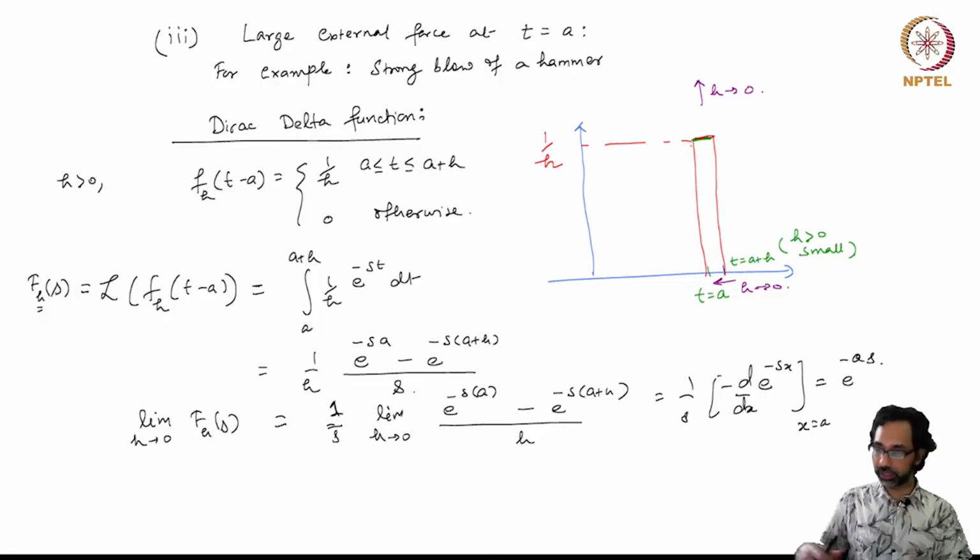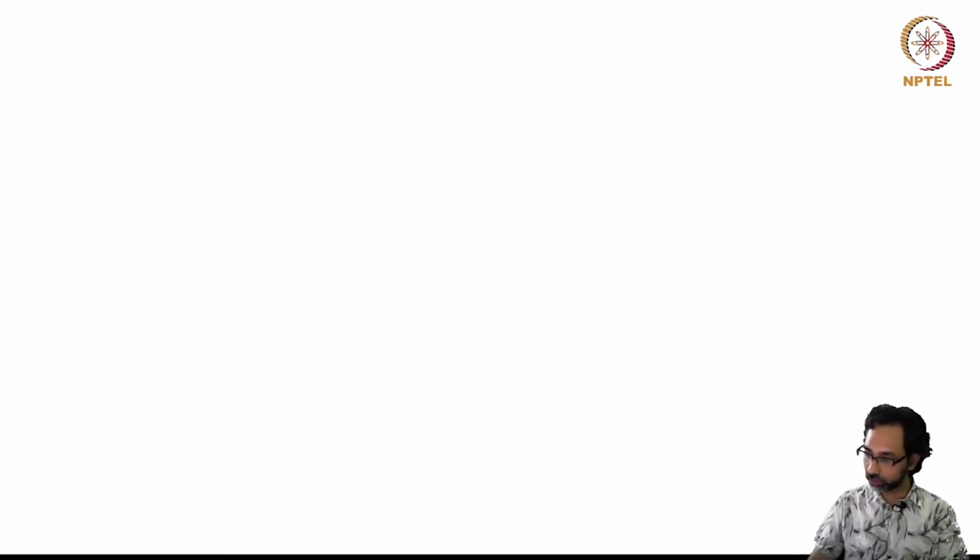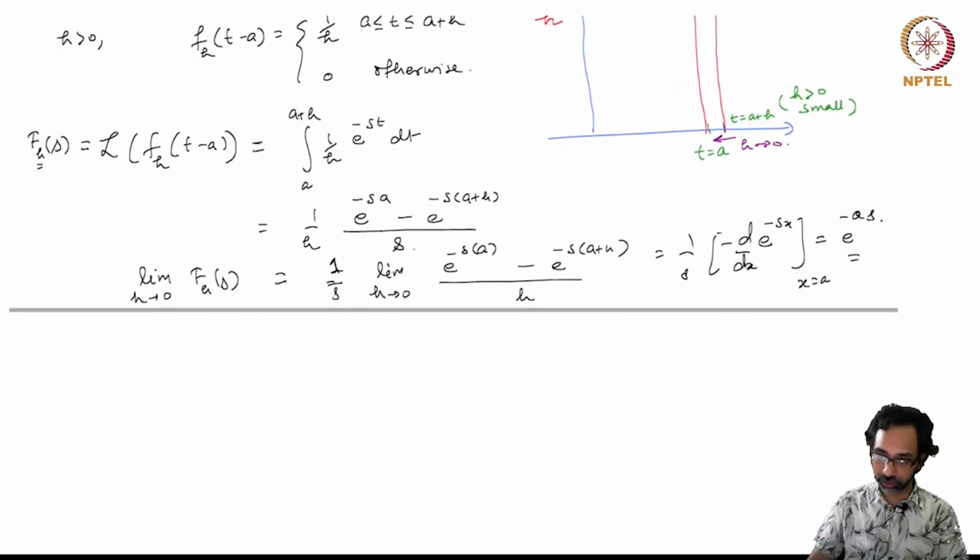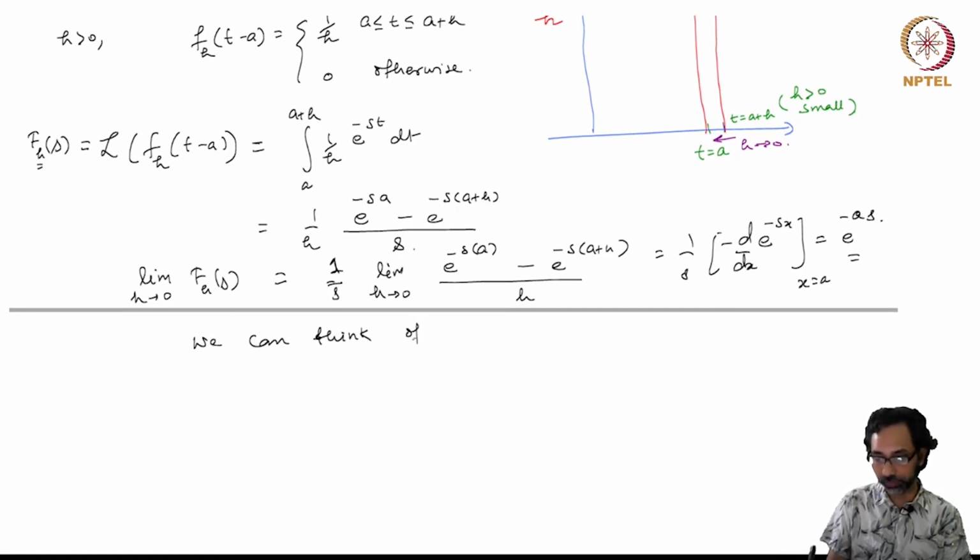So we see that in the limit the Laplace transform gives you e^(-as), and it often is useful to think of the Dirac delta function. So we can think of the Dirac delta function as defined by the limit.